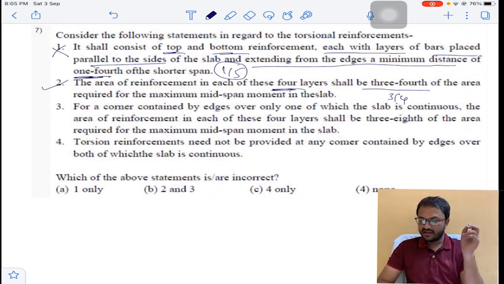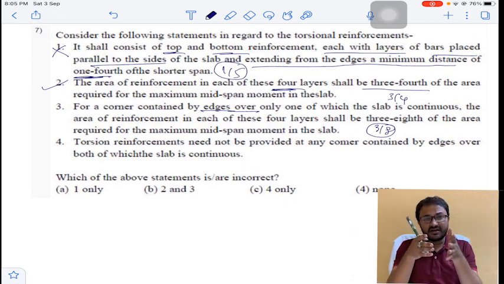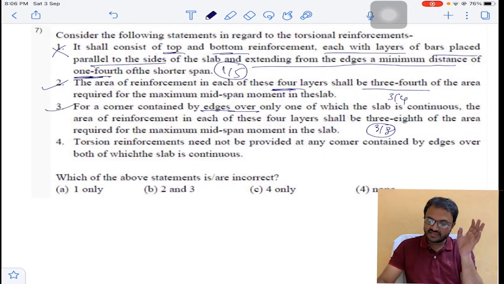Coming to statement 3, for a corner contained by edges over only one of which slab is continuous, area of reinforcement in each of these 4 layers shall be 3/8. Very important. If the ends are not continuous, the reinforcement amount is 3/4. If the ends are continuous, the reinforcement amount is 3/8. That is half of 3/4. You can observe this point. Statement 3 is also correct.